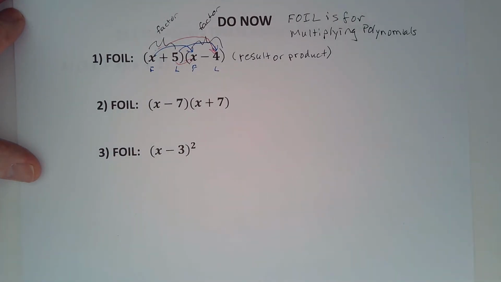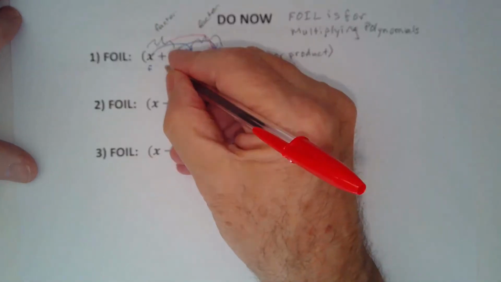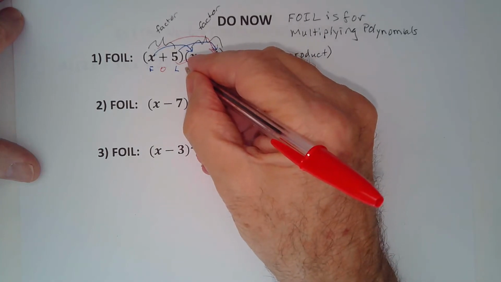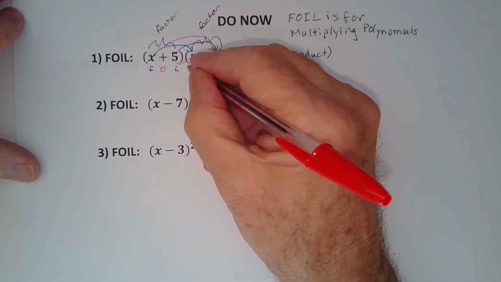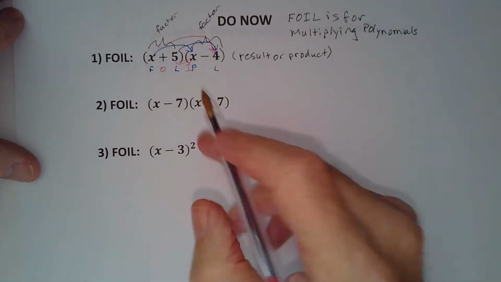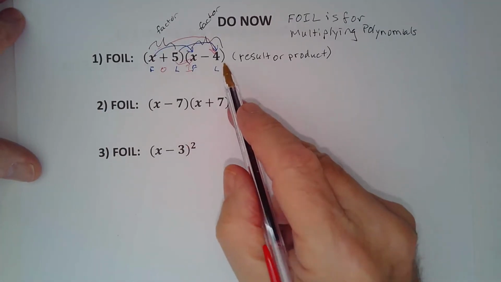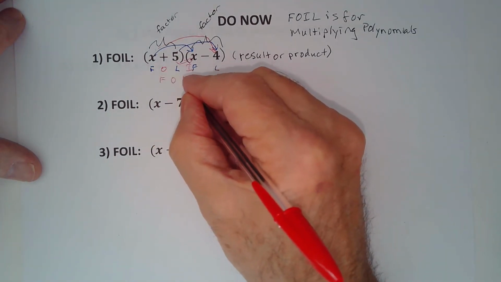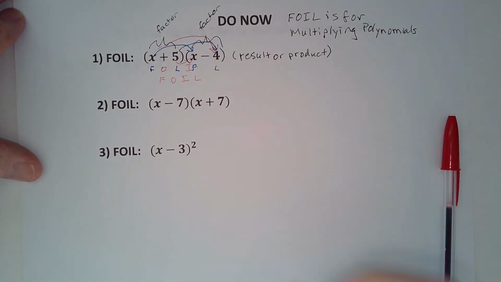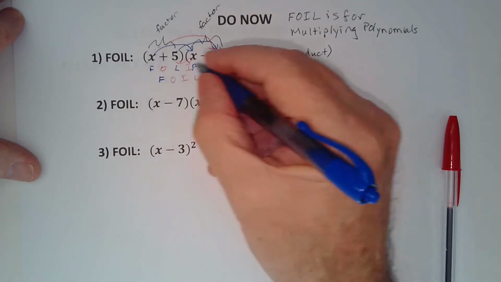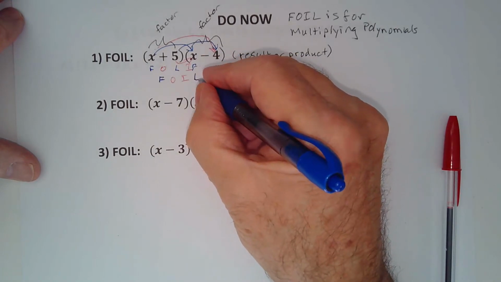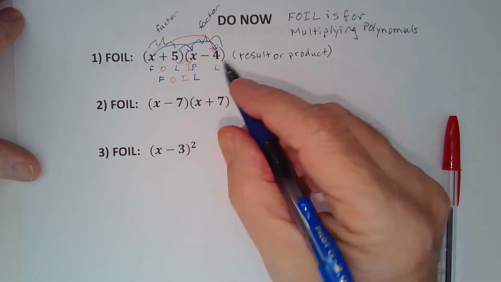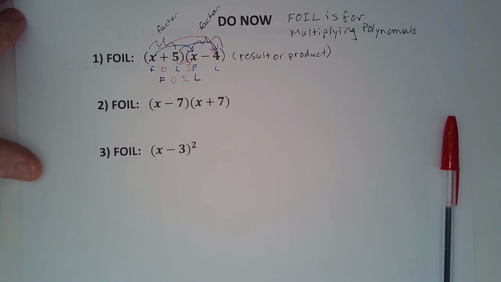It's not as clean as I would like it to show, but I'm putting these letters under the terms in question. But basically, again, it's first, outer, inner, last. And I'm going to color code first always in blue and last in blue. And I'm going to color the outer and the inner terms in red for the most part when I go through these.